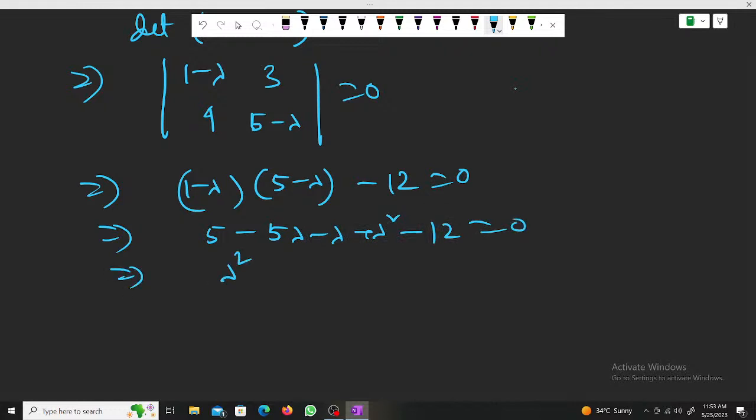Lambda square minus 6 lambda minus 7 equals 0.